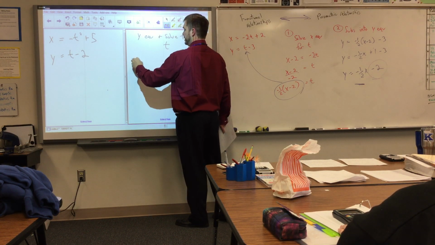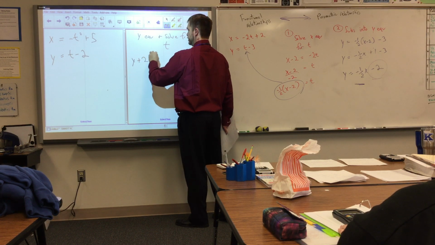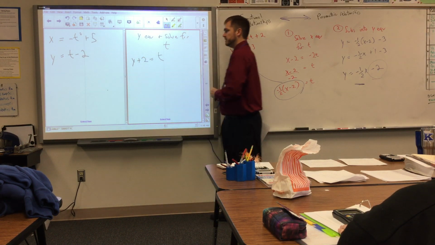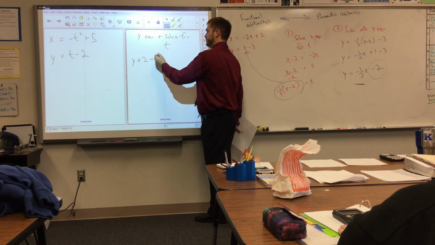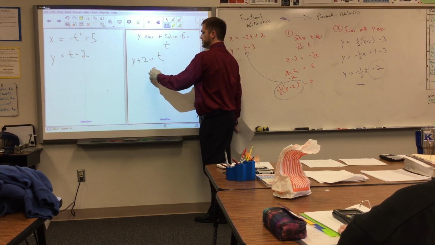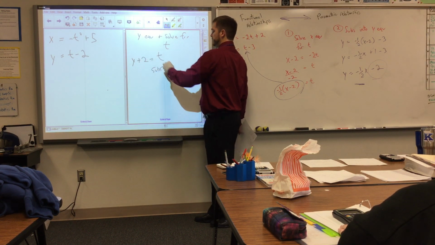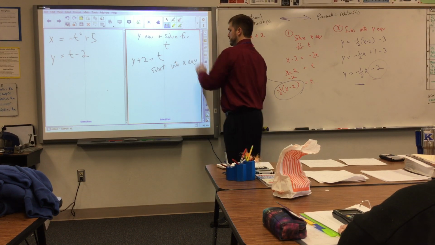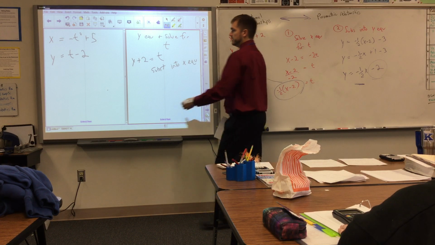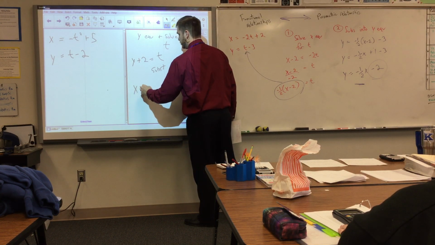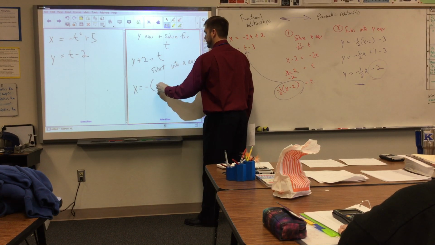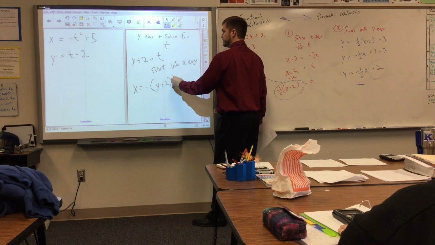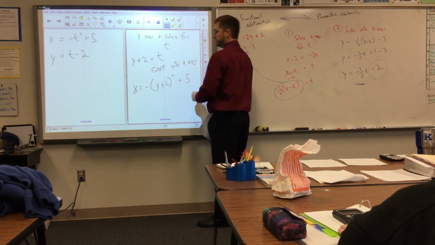So y plus 2 equals t. And then substitute this value into the x equation. So we have x equals negative (y plus 2) squared plus 5.